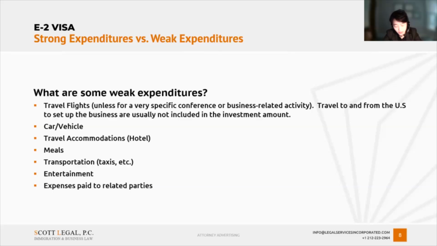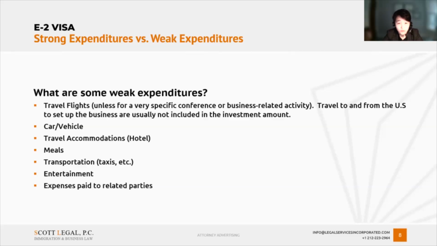For example, if you came to the United States to investigate investment opportunities and you're trying to charge the airfare as part of your E2 investment, we do not recommend doing that. Travel to and from the US to set up the business is usually not considered part of the investment as we define it.